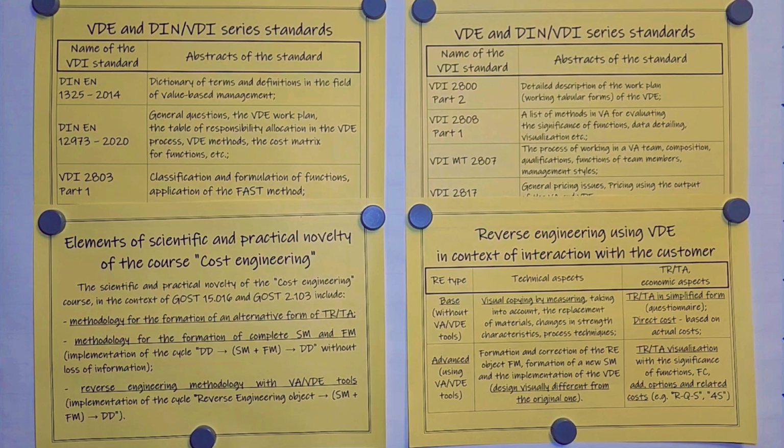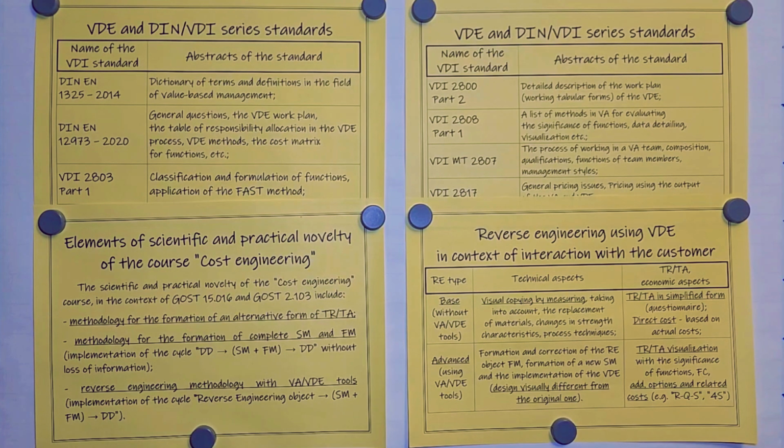The next standard that we will consider will be the VDI 2807, Teamwork, Application in Value Analysis and Value Management Projects. The standard describes the advantages and the process of teamwork, the composition of the team, the necessary qualification and functions of team members, management styles, and teamwork.